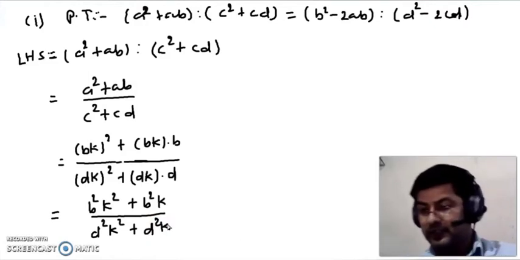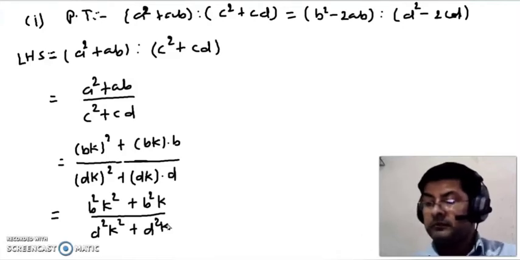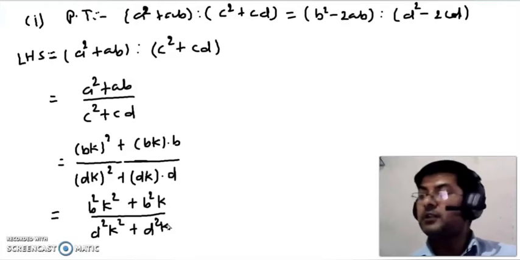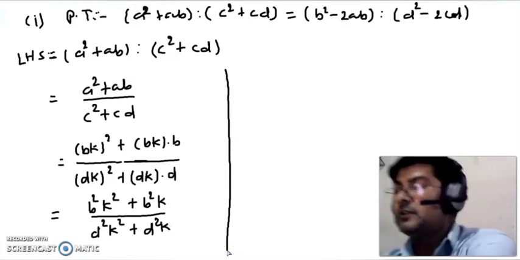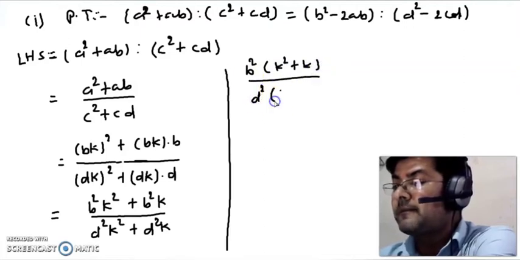Okay, so we can take from the two terms b square common, yes or no? From the numerator b square and from the denominator we can take d square common. So we have b square into bracket k square plus k upon d square, again k square plus k.